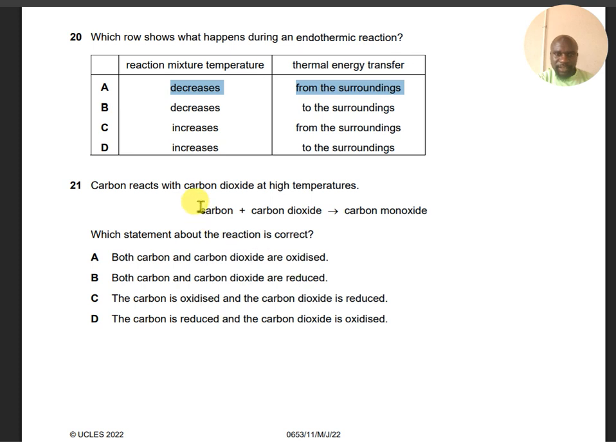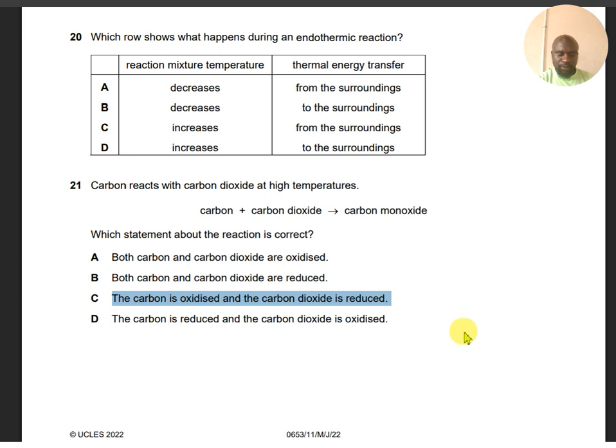No. So the correct one is that carbon is oxidized and carbon dioxide is reduced. Exactly. It has to be reduced from di, which is 2, to mono, which is 1. So carbon dioxide is reduced. This is correct. Mono means 1, di means 2.